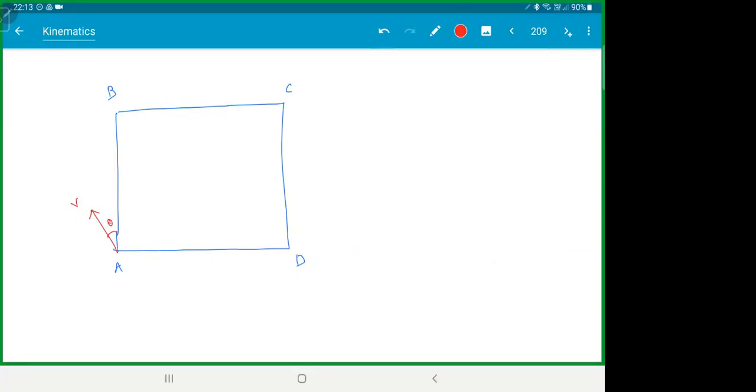He's looking like this, but he's going along AB. So this man's speed is actually V cos theta. So time taken to go from A to B will be the side of the square, D by root over V square minus U square.